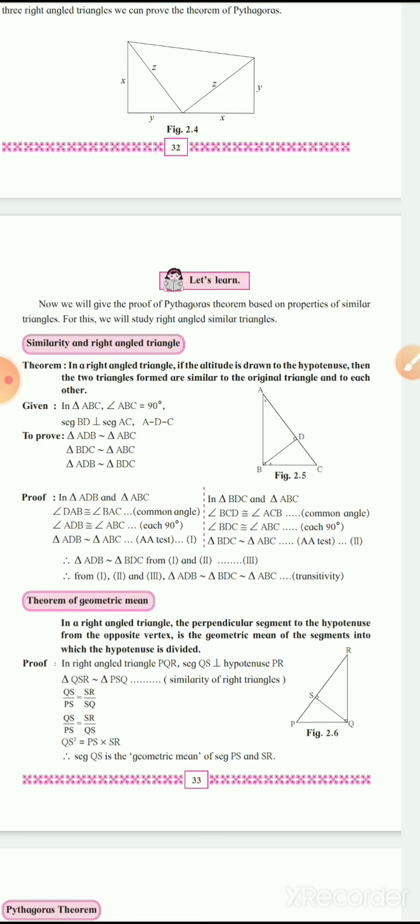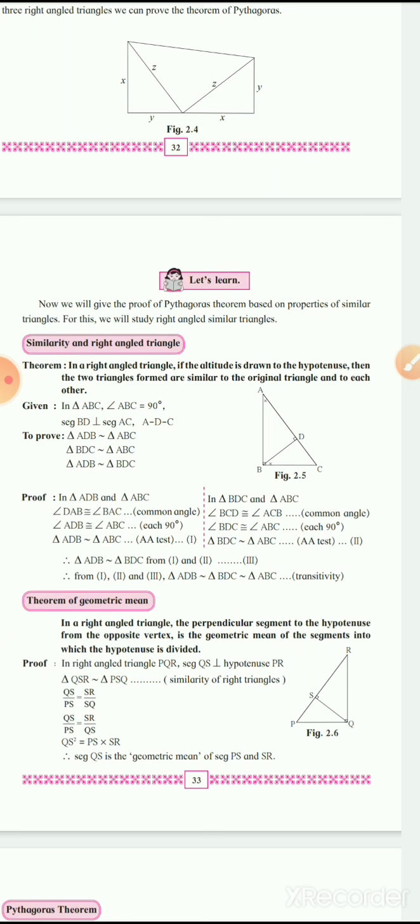So QS upon PS is equal to SR upon SQ. Now cross multiplication, QS into QS, which is QS square, is equal to PS into SR. So seg QS is the geometric mean of seg PS and seg SR. Okay.